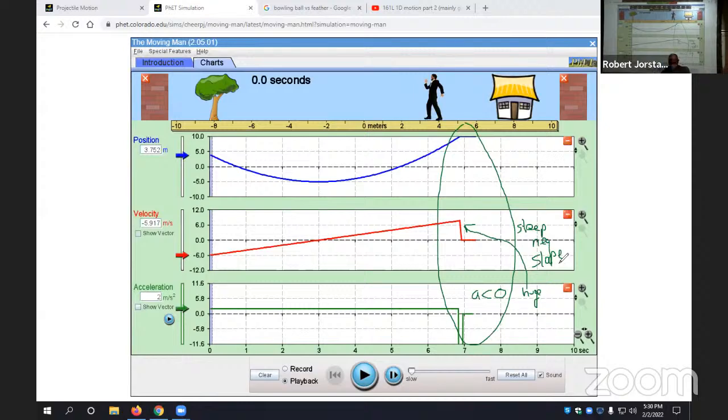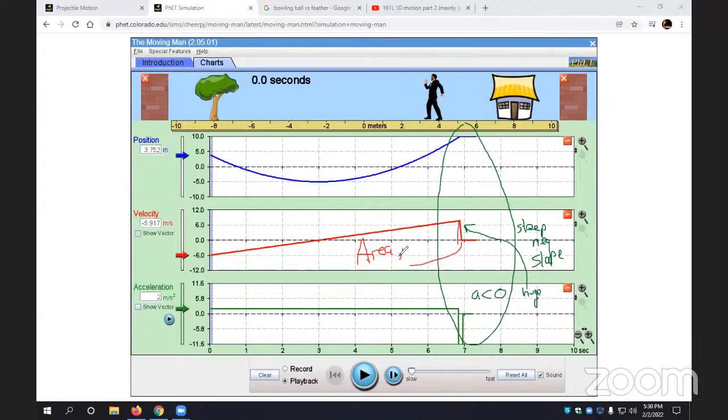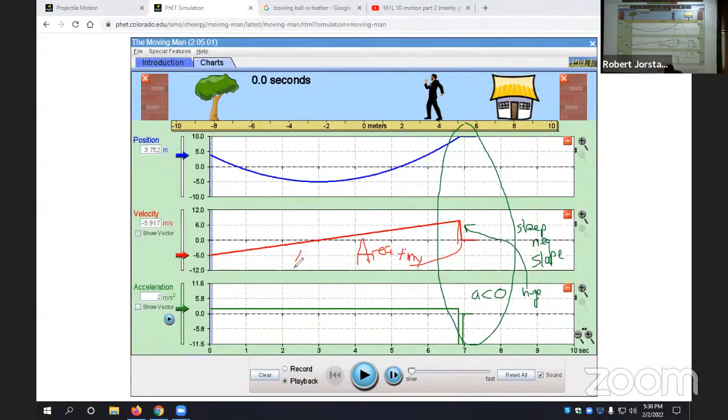In particular, let's analyze it this way. What do you notice about the area under this curve? Is it big or small? Yeah. Want to be small. It's a tiny area. So what does that tell you about delta X? Delta X should be tiny.